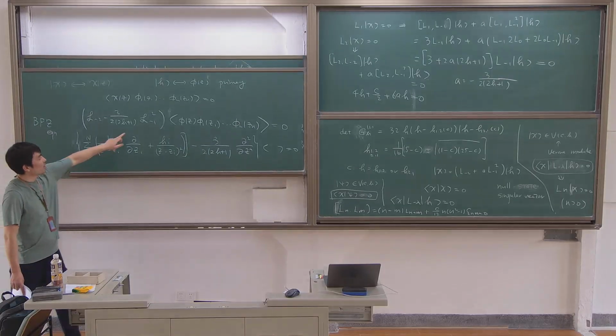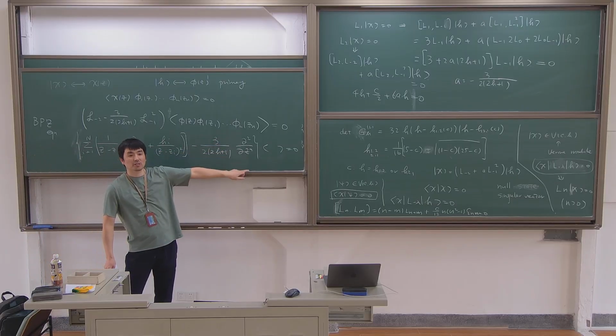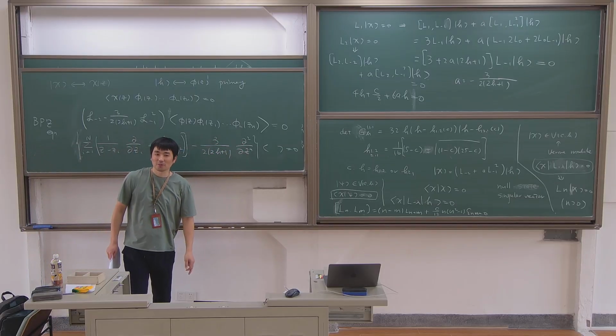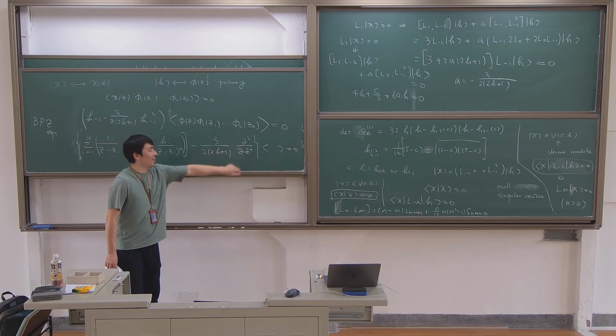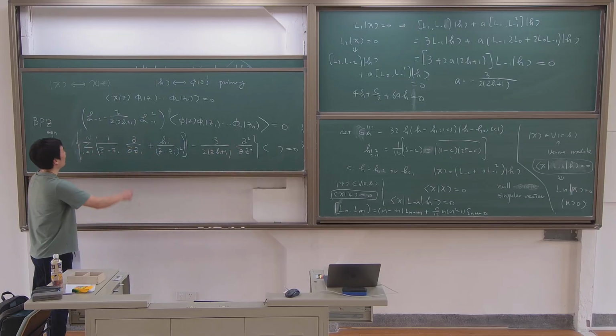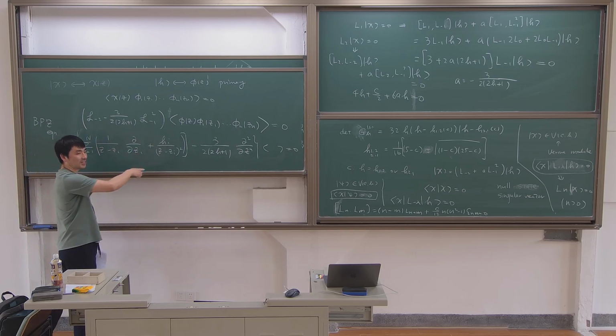So L minus 1 always gives you just the first derivative. And L minus 2 comes from here, the OPE of T with phi.